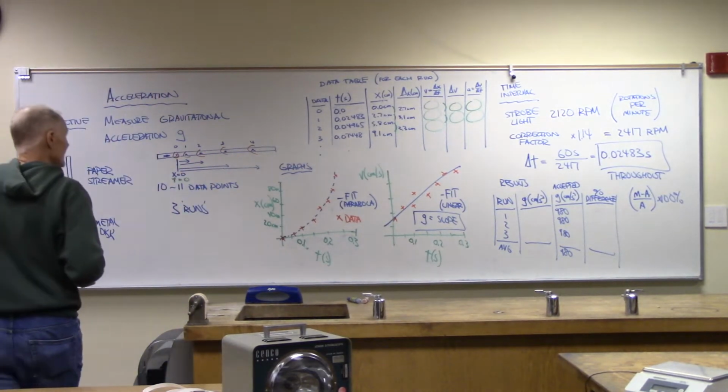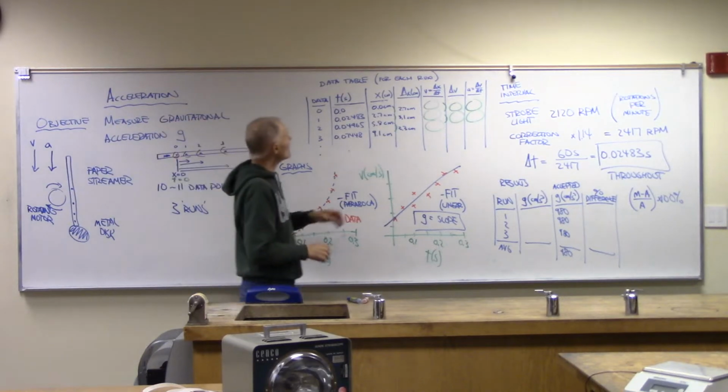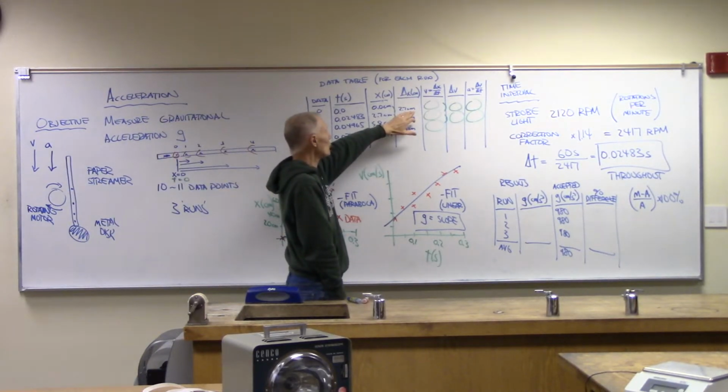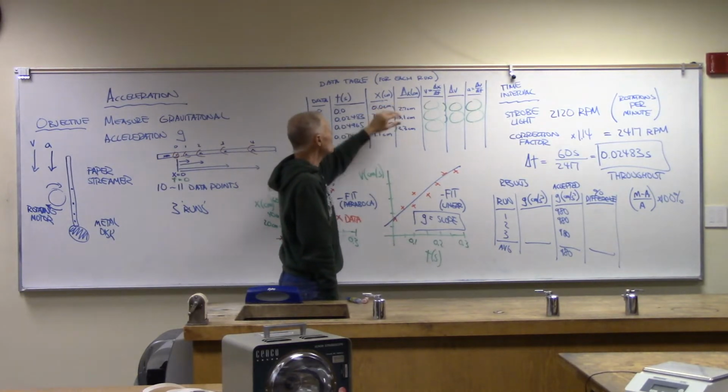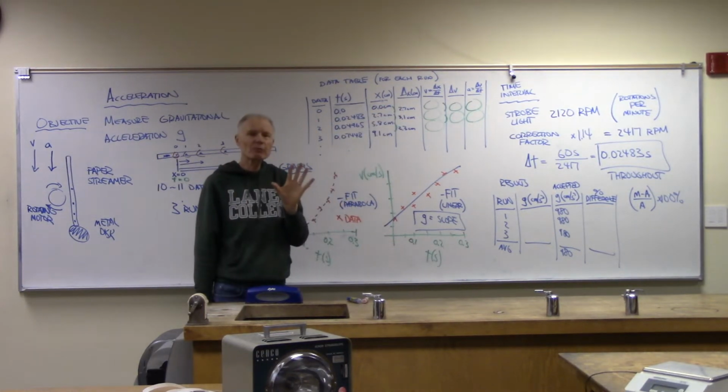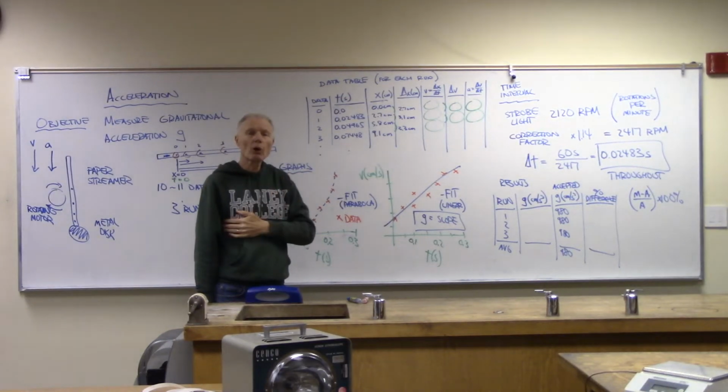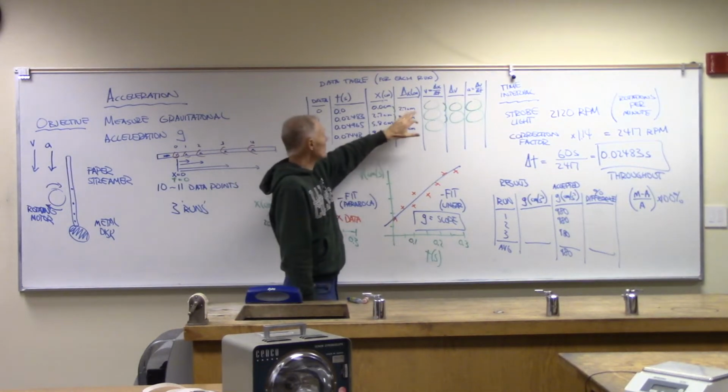Let's look at the delta x's. So what happens if this is off by a millimeter or so? Well, if this is off by just 1 millimeter, that's going to introduce a 5% error already. So that's going to be a 5% error.